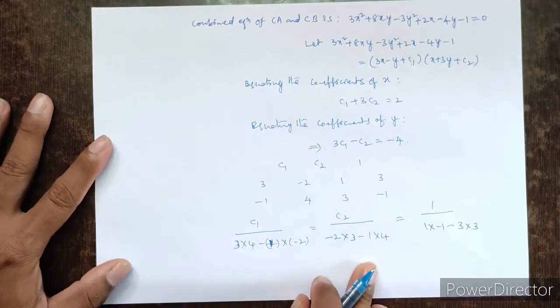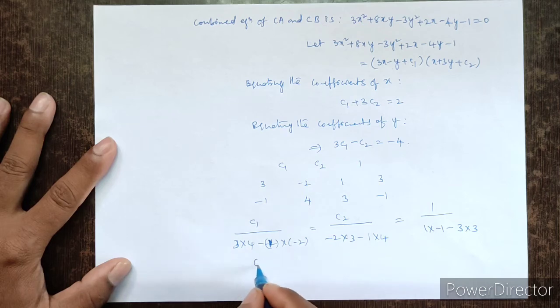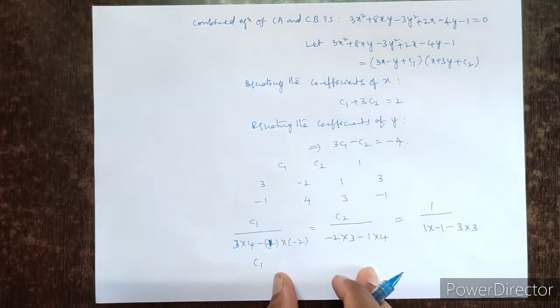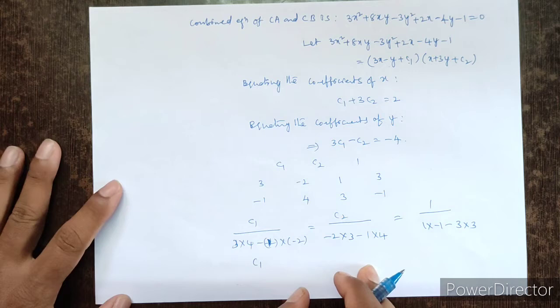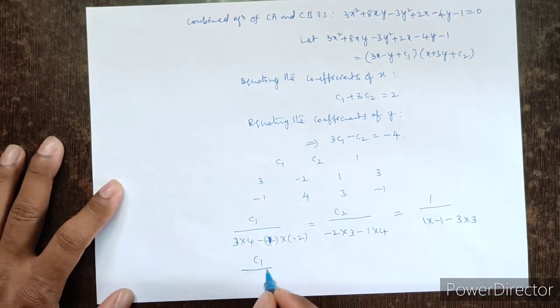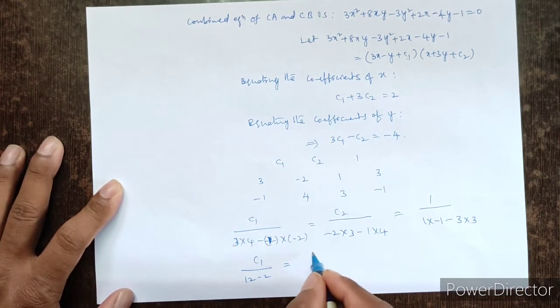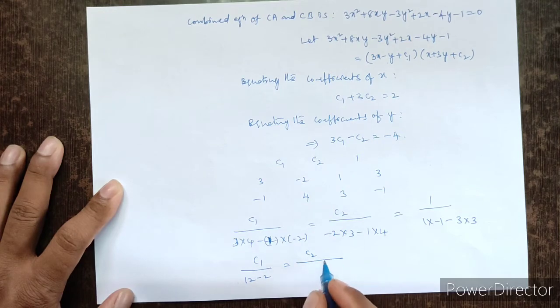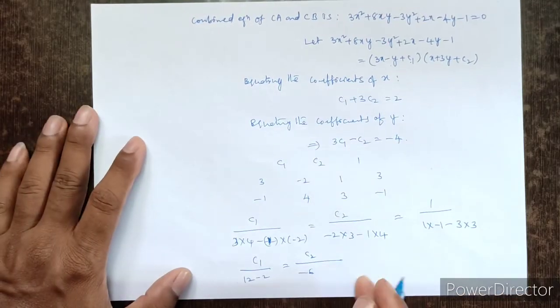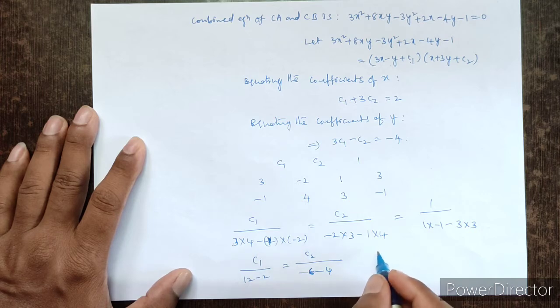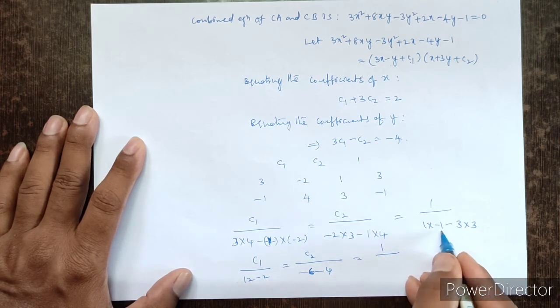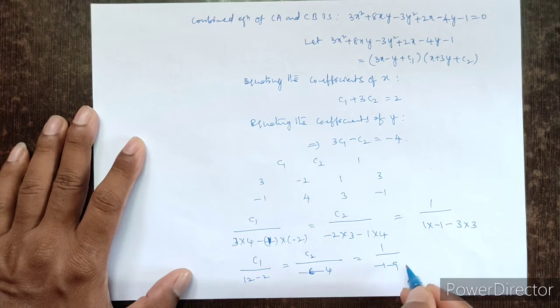So c1 by 3 into 4 is nothing but 12 minus 2, c1 by 12 minus 2; c2 by minus 6 minus 4; that equals 1 by minus 1 minus 9.